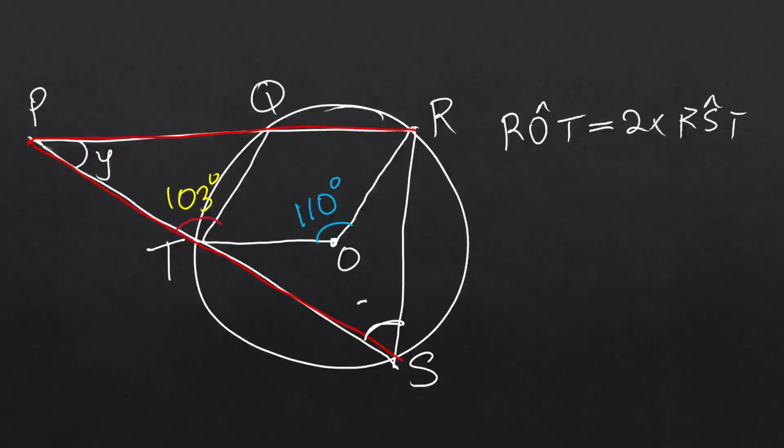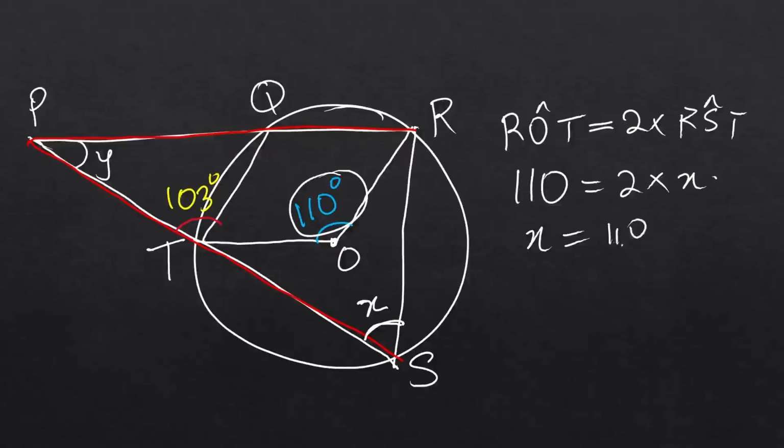Let me call this angle X. ROT is the angle at the center, which is 110, so 110 is equal to 2 times X. Therefore, X is 110 divided by 2, which is 55.